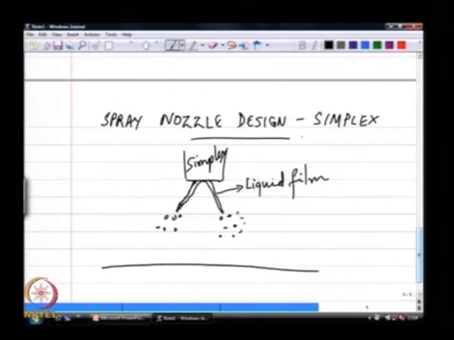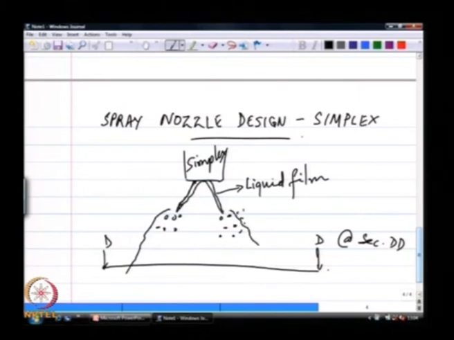If I take a section down here, I will call this DD. Let us say this is my spray now. I am going to have more drops in this region and less drops here.